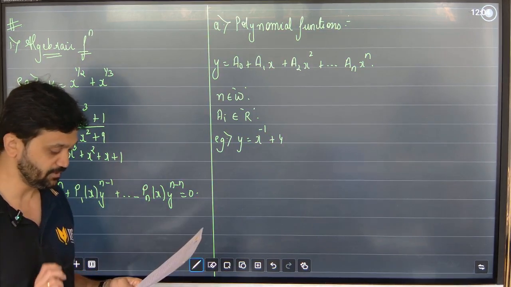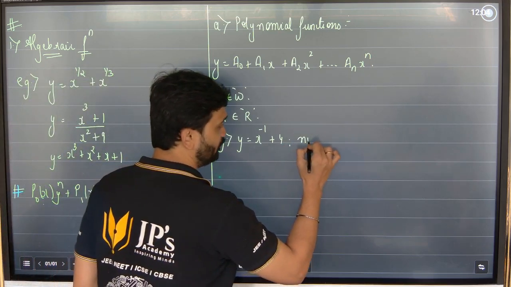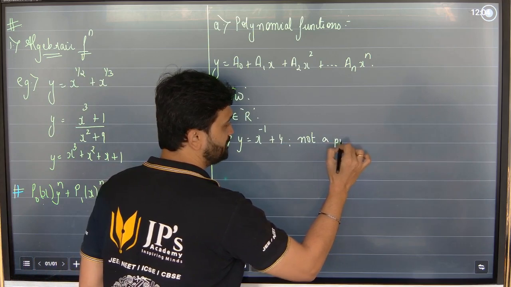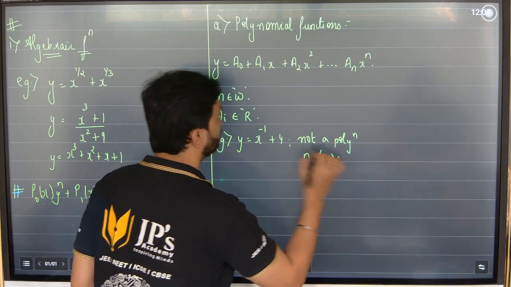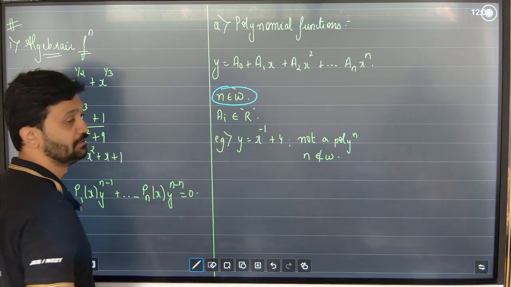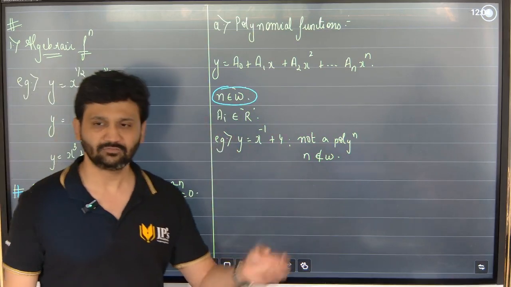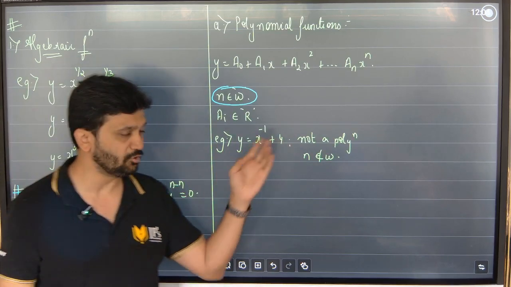If you check the definition, it's not a polynomial. Simple thing. Why is it not a polynomial? Because n does not belong to whole numbers, but the definition says that n has to belong to whole numbers. X raised to minus 1 is not a whole number power, so this is not a polynomial.